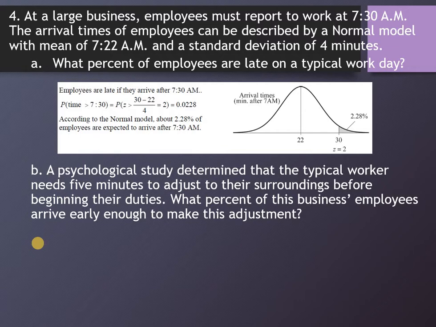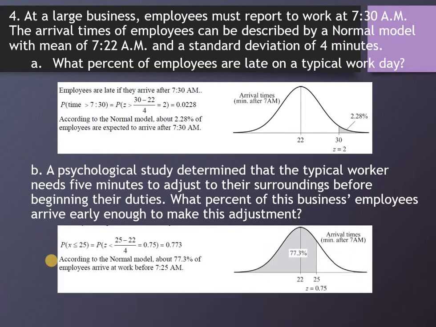And you can see here they give you several different things. They give you either a picture or the statement, or the z-score statement. No matter what, z-score has to be shown. And then for the next one, they're saying you got to have 5 minutes to adjust. That means if we want to make sure that we have that adjustment, then we have to arrive by 7:25 instead of 7:30. And we find that percentage.